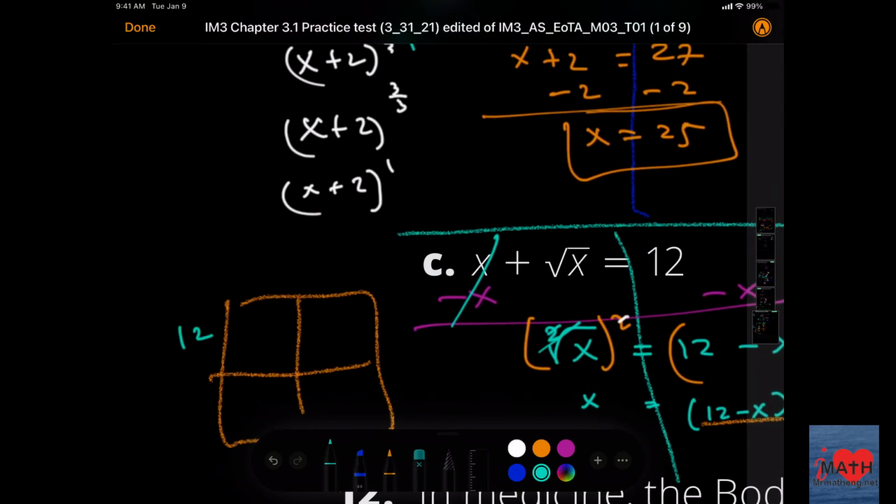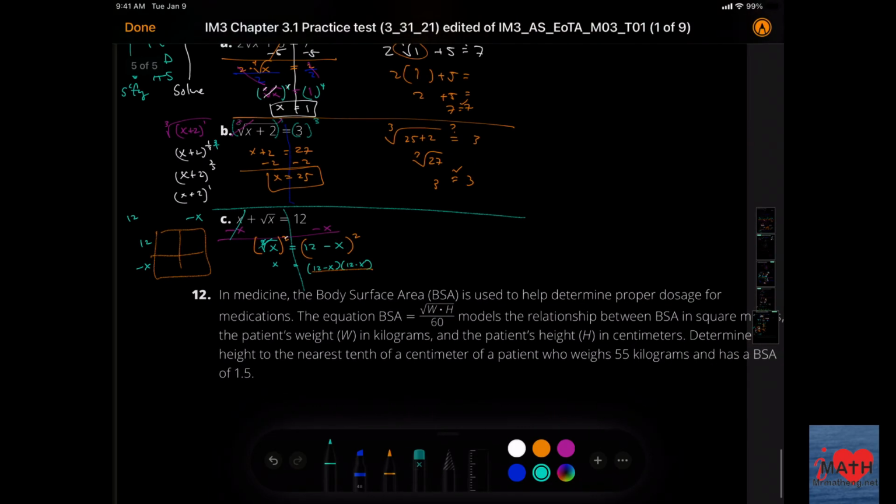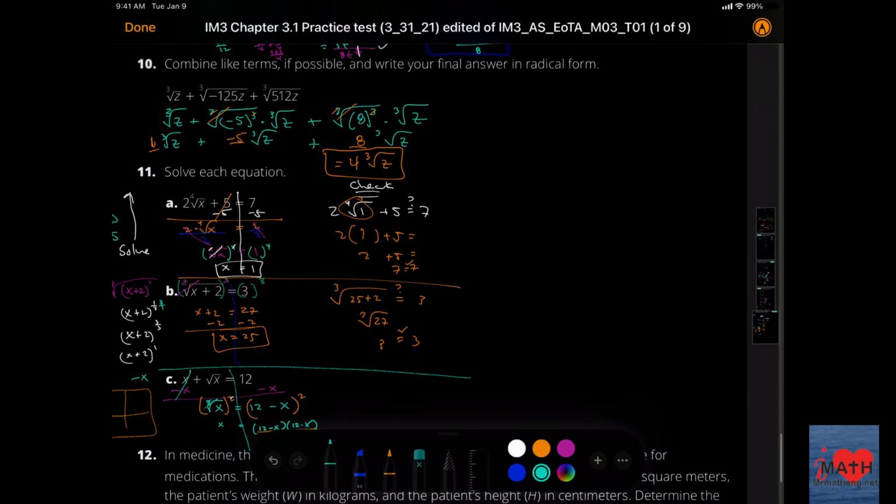No. Well, you can visualize it's a 12, so 144. I think I just can't work on that side of the screen. Let's try over here. We have plenty of space.